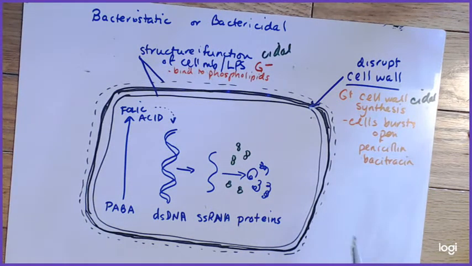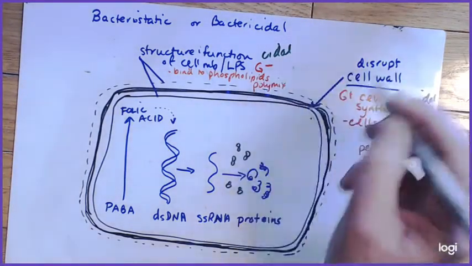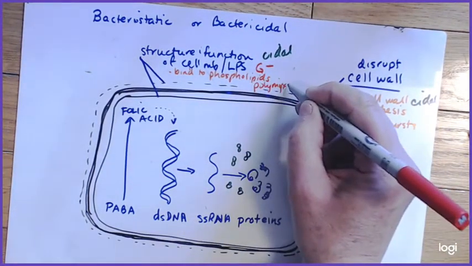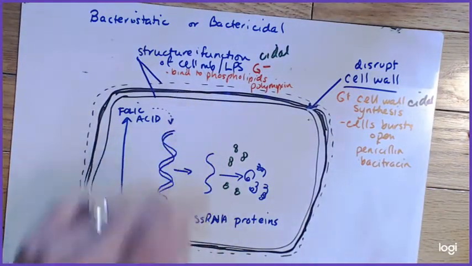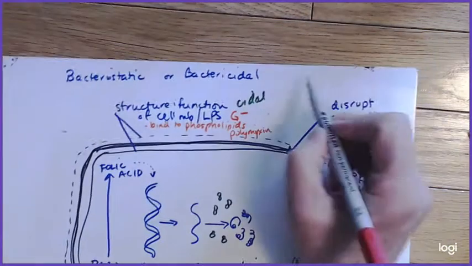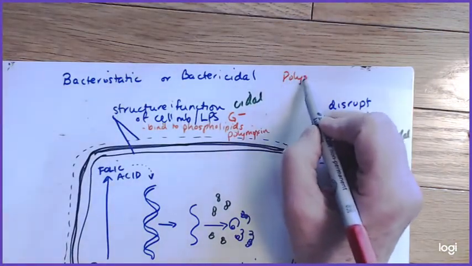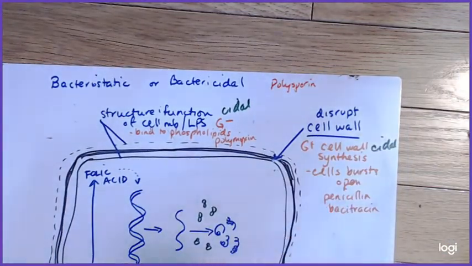Now, this would be your polymyxin. Polymyxin is your antibiotic that's used to kill off your gram-negative stuff. Now, just while it's in my mind, if you've ever used something like polysporin, which you can just buy over the counter, it's the kind of thing you put onto cuts.